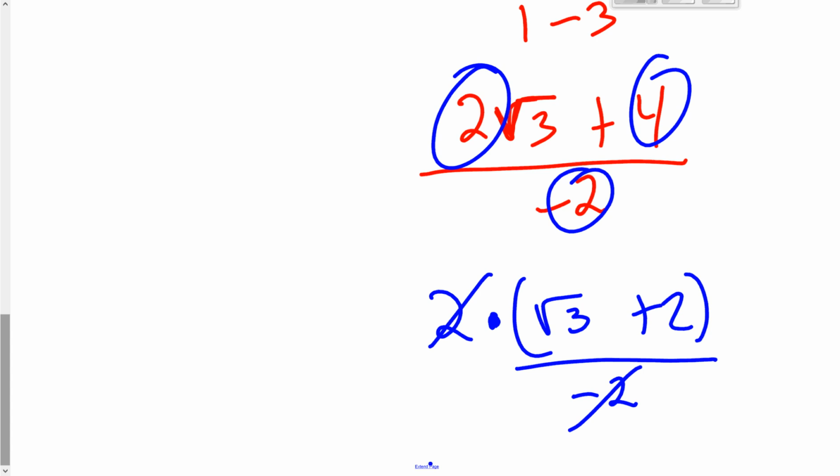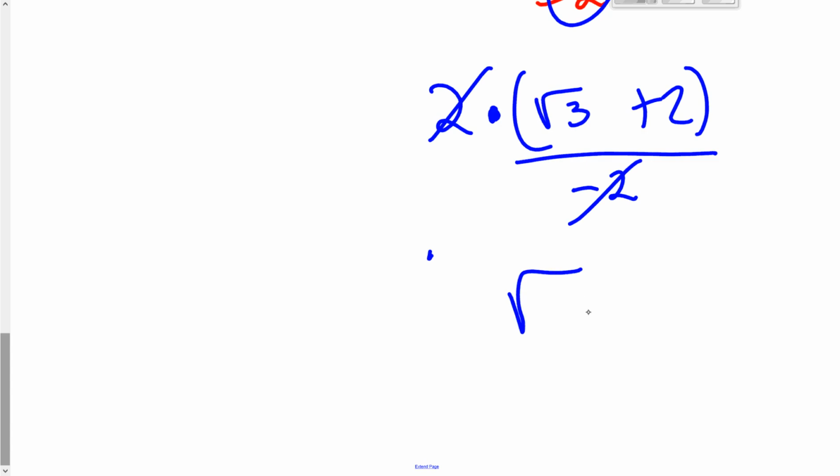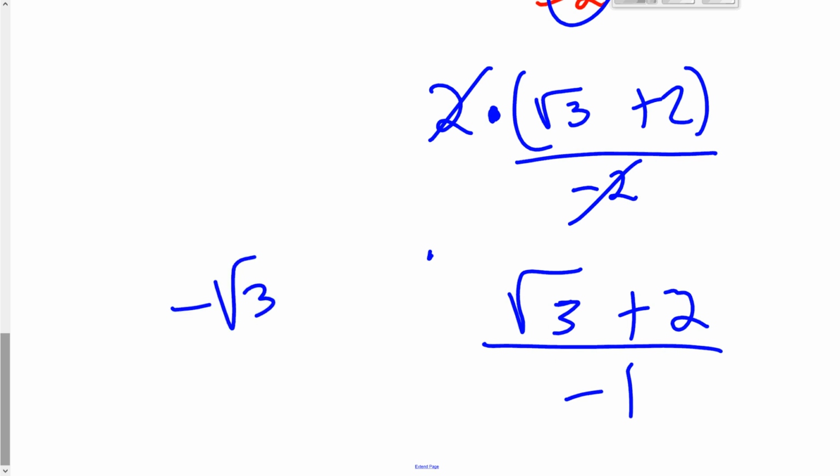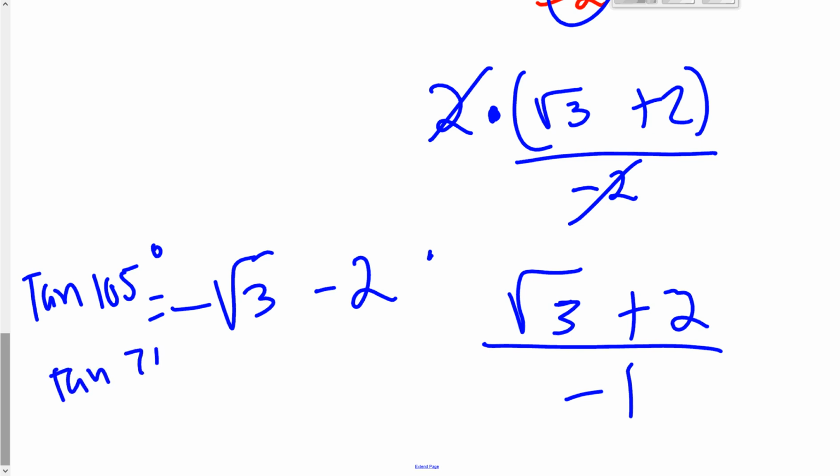So then I get 3 over negative 1, so that negative 1 goes both to the square root of 3 on the outside and to the 2. So tangent of 105 is equal to, or tangent of 7 pi over 12 is equal to negative root 3 minus 2. Okay, so there's our answer for that.